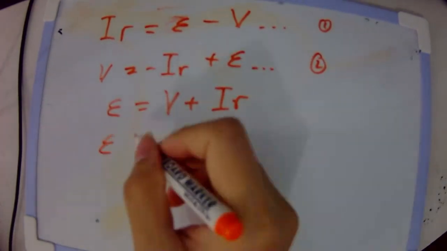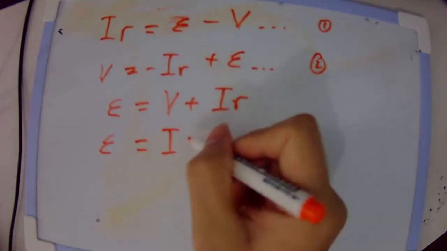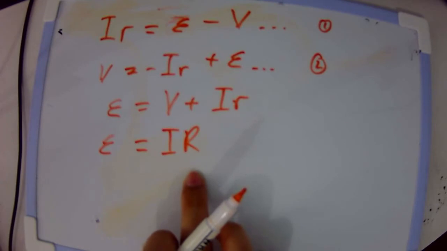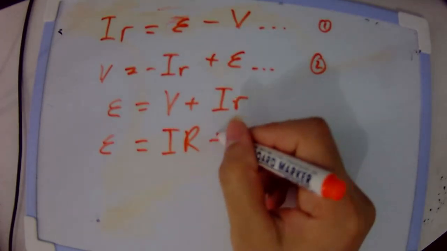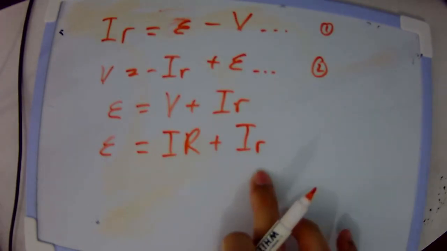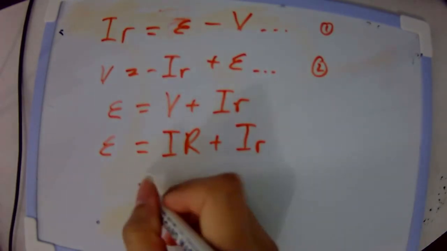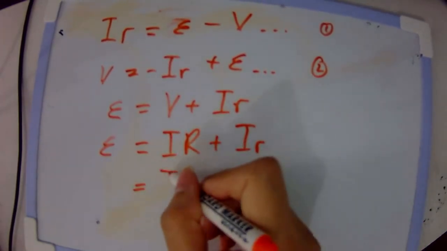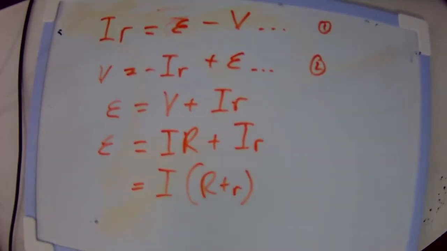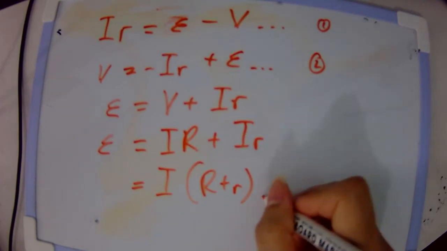So V equals IR, current with the external resistance, plus Ir, current with the internal resistance, and we can factorize it to become I(R plus small letter r). So these are the three.